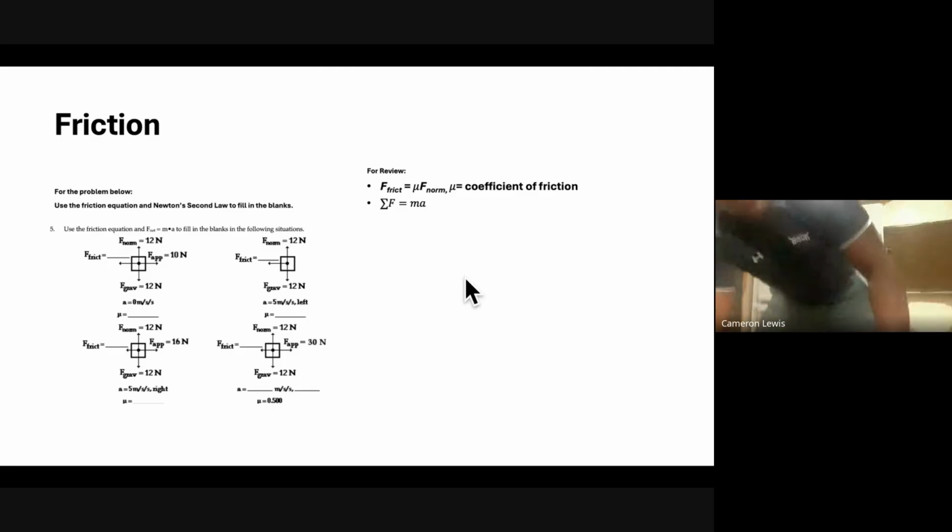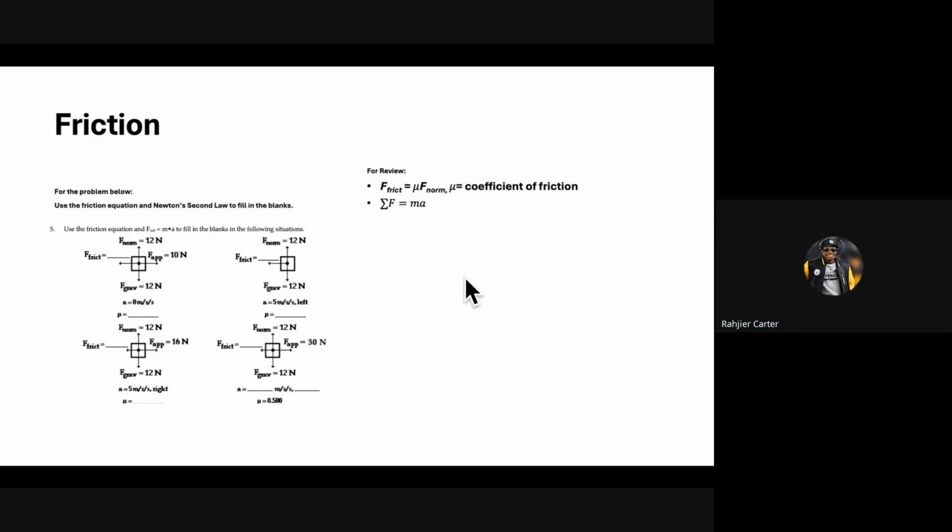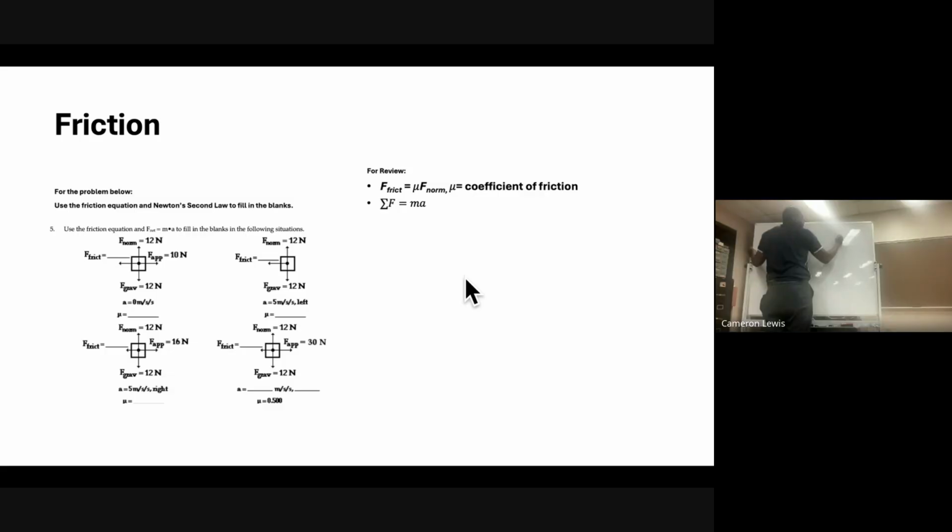Do you see the board? Mm-hmm. We know that frictional force is equal to mu times the normal force. The normal force is 12 newtons, and the frictional force is 10 newtons. But we don't know how much mu is.